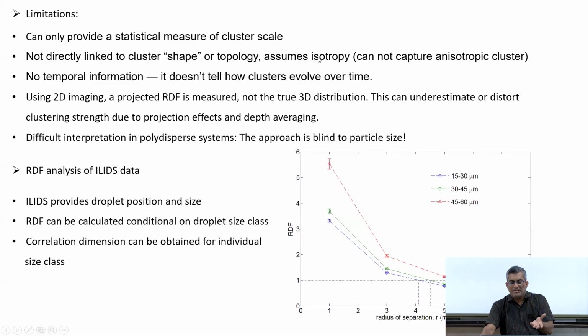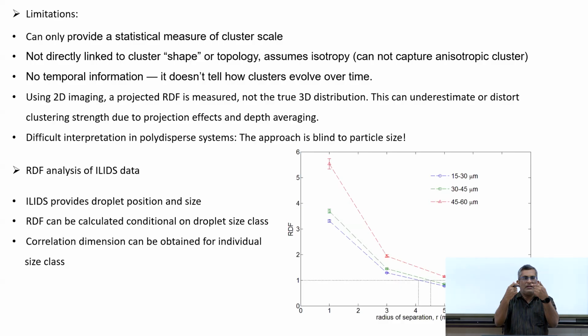Here we assume isotropy. In this example that I have shown, you inherently define an annular band, which means you do not care about the direction. Whichever direction the droplets or particles are, you capture them.